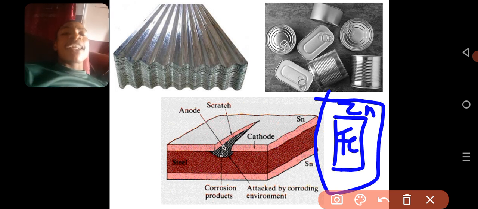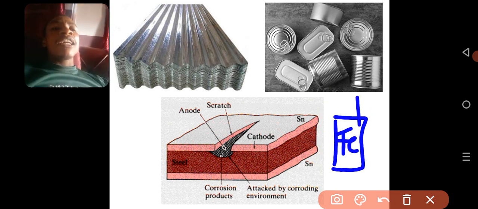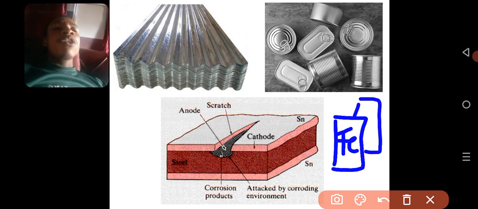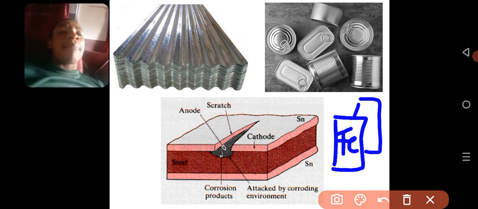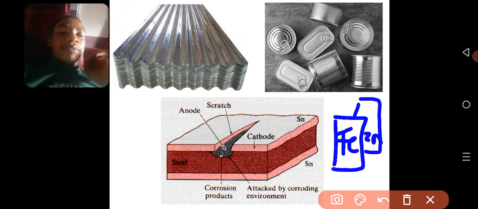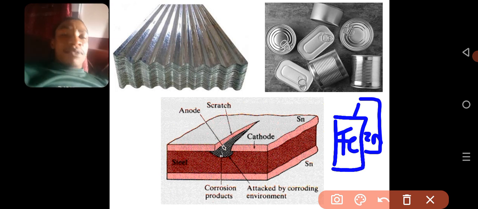But in a galvanized iron, where the iron is covered by zinc, so this is the zinc layer, if there is a scratch, then what we are going to be having will be electrochemical sacrificial protection, which means one of the metals must corrode and protect the other metal. So in this case where we have iron and zinc, between iron and zinc, which one is more reactive?